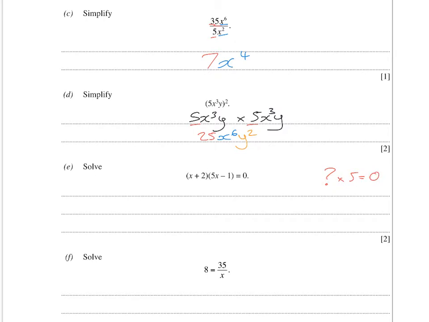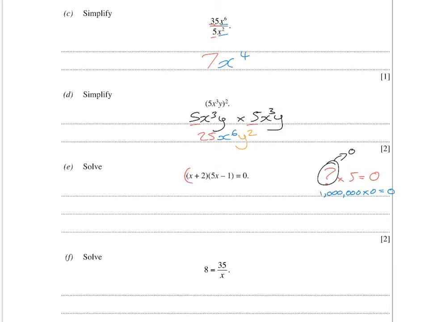So even if it was something like 1,000,000 times 0, because you're multiplying by 0, that will turn whatever you're multiplying into 0. That's the only way you can get 0, okay? So if my answer here says equals 0, we've got two options. Either this thing here is 0, or this thing here is 0, okay?